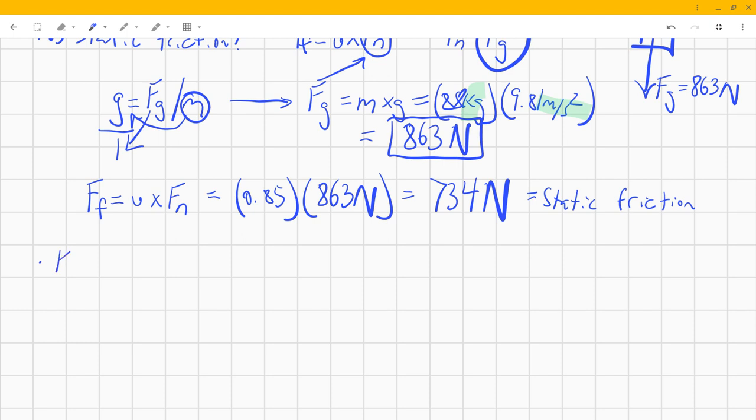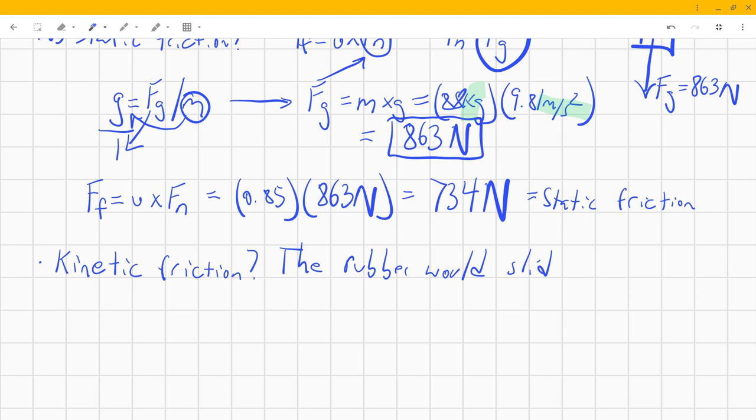So what is the kinetic friction? And for that, the rubber would be sliding at constant velocity.